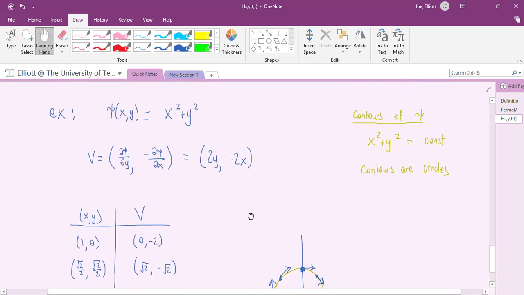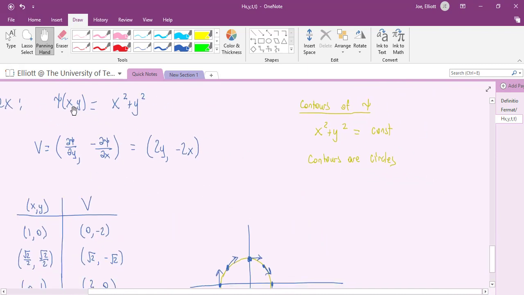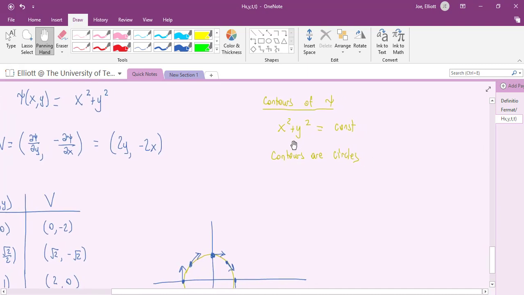All right, now if you look at the streamline function, x squared plus y squared, the contours of the streamline function are just the curves that you get when you take your function and set it equal to a constant. In this case, x squared plus y squared equal to a constant just describes the equation of a circle centered at the origin.